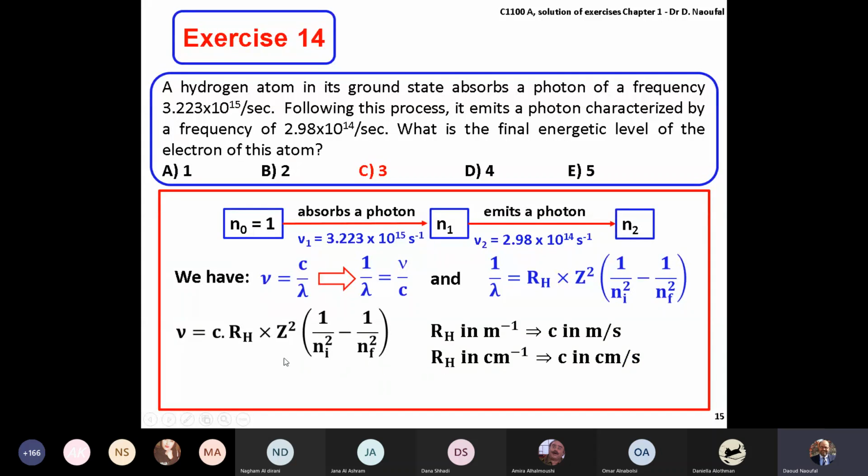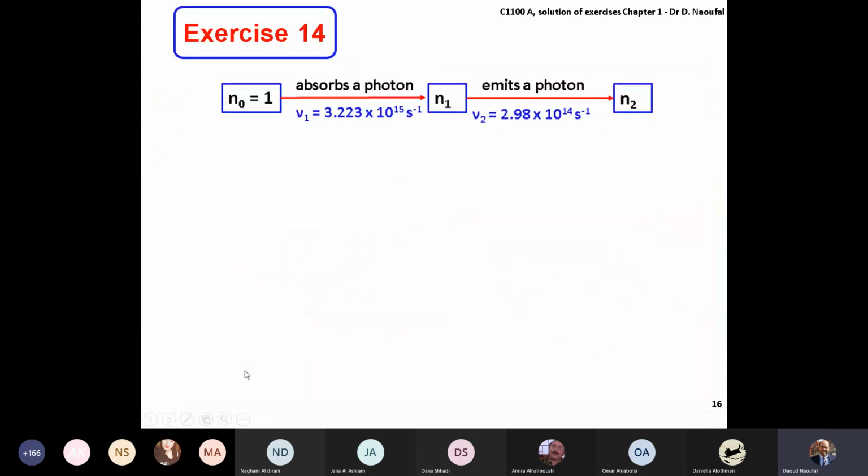And pay attention that lambda and RH should be in the same unit system: RH in meter minus 1, so lambda in meter and c in meter per second, or in centimeter. We have to pay attention to the use of the units.